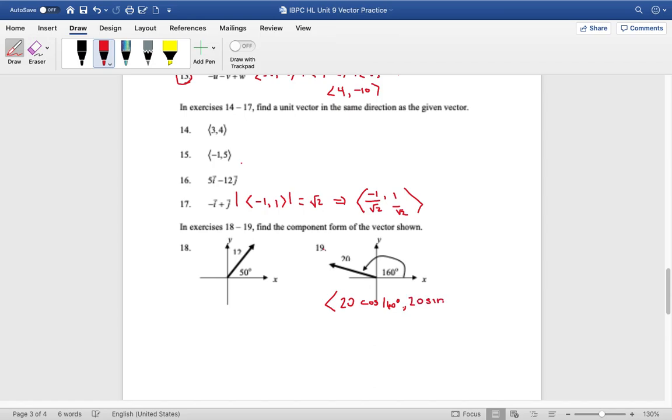And then 20 times the sine, or the vertical component of the vector, 160 degrees. And when I punch this into my calculator, making sure I'm in radians, I got negative 18.8 and 6.8.